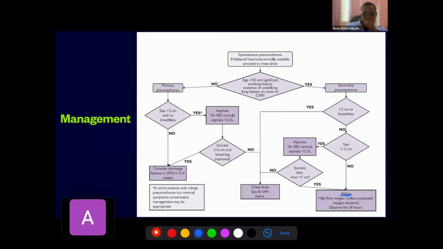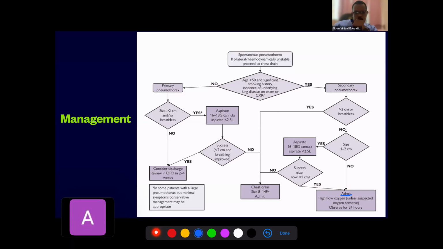If successful, meaning the size became less than 2 centimeters and the clinical signs improved, consider discharging the patient with outpatient follow-up in 2 to 4 weeks. Very good. If there is no improvement in such a case, consider chest drain and admission.